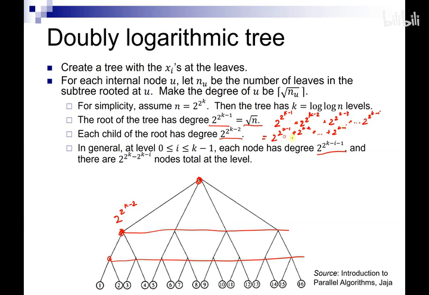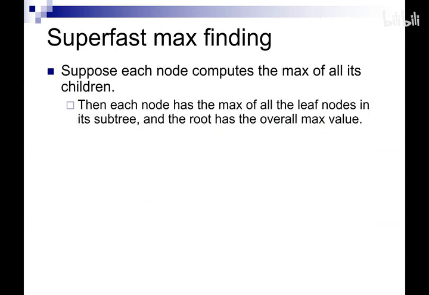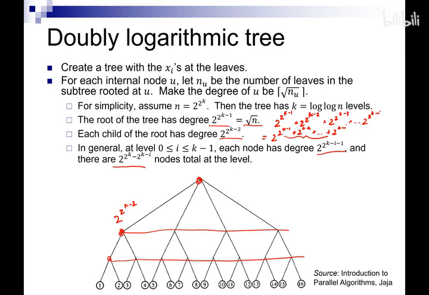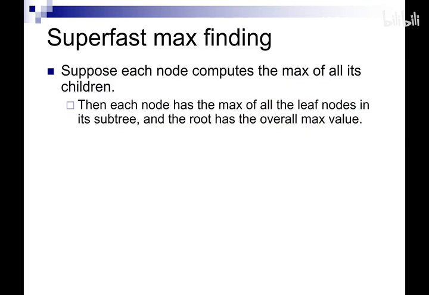This is a geometric series, and if you add that up, this is what you're going to get. That's how you count the total number of nodes at that layer. So this is how we define this doubly logarithmic tree, and now we're going to use this tree to compute the max in log n time.